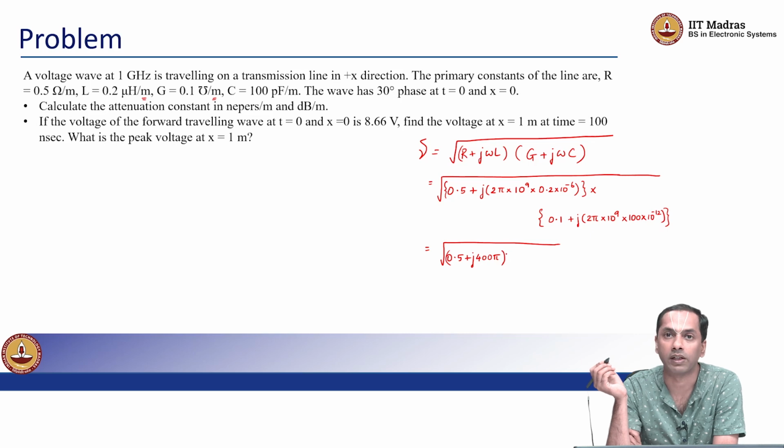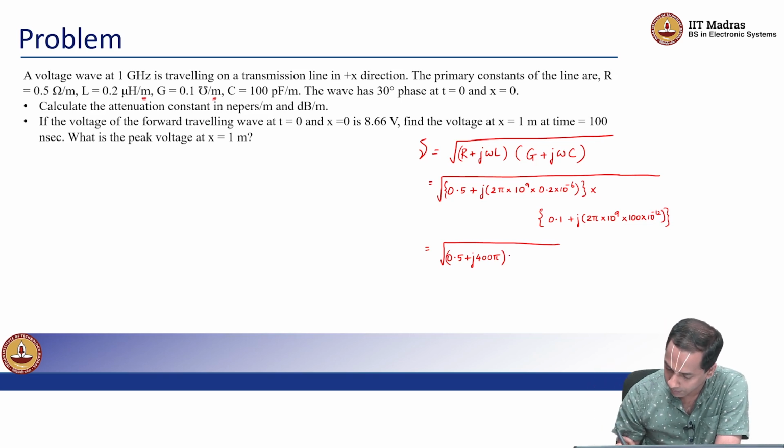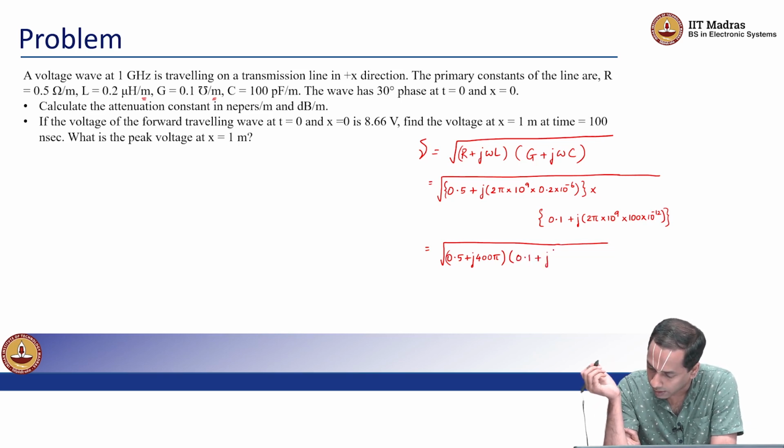So you can also try to do the calculations along with me. 0.1 plus j, 10 to the 9 and 10 to the minus 12, that's 10 to the minus 3.